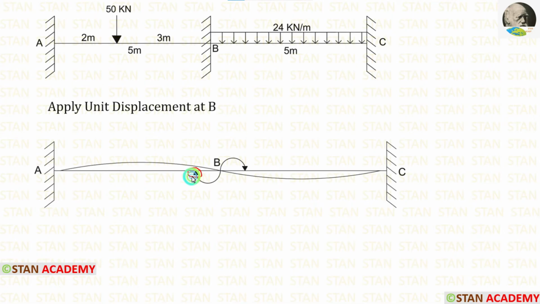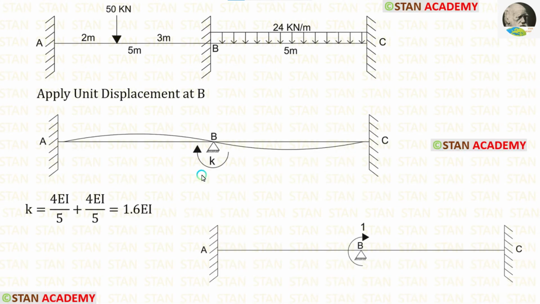This curve indicates upwards. So the slope curve comes above the span. This curve indicates downwards. So the slope curve comes below the span. We have to give some gap between the fixed supports and the slope curve. You can see that I have given some gap between the fixed supports and the slope curve because in the fixed supports there will be no slope.